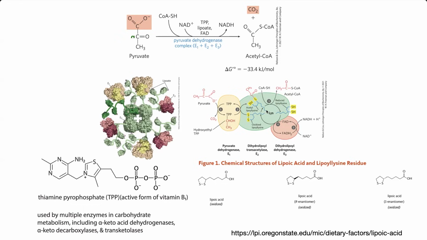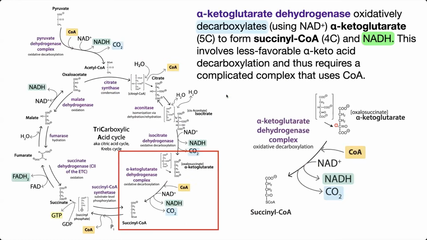And then it gets passed from sulfur to sulfur through these lipoic acid transfers onto the CoA group and leaves you with that CoA compound where you have the CoA in the place of the CO2. So if you see an alpha-keto acid, you're probably going to have one of those more complicated dehydrogenase complexes that are going to be using the CoA.